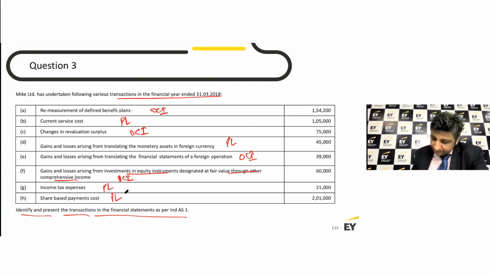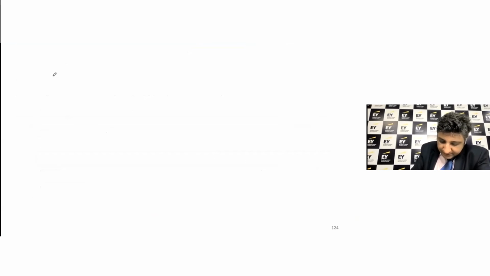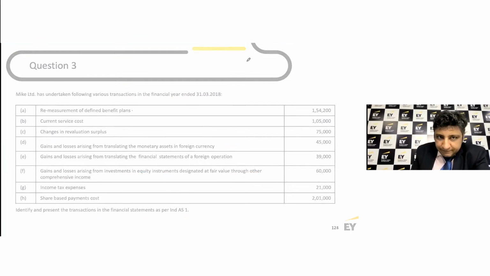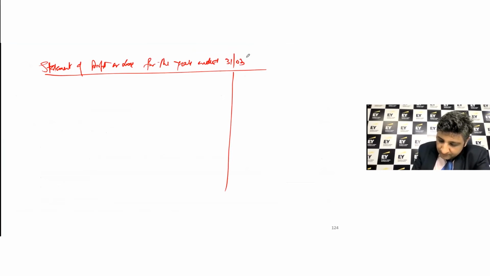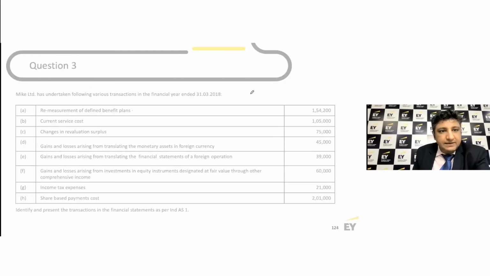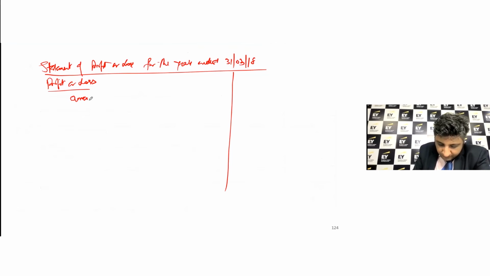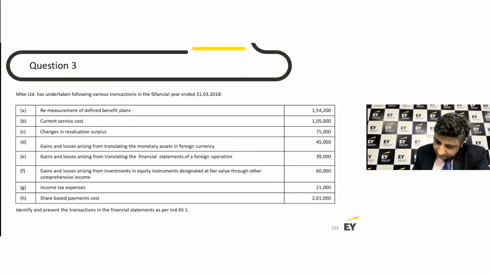So if I were to bring this, I would say statement of profit or loss for the year ended 31st of March 18. So we can simply take profit or loss items, right? We have got service cost, okay, which is 105,000.